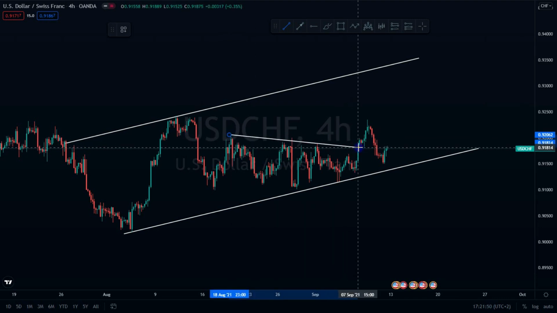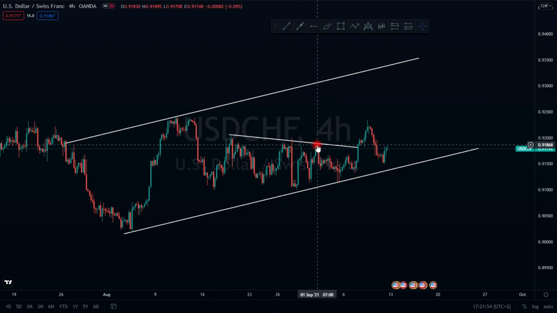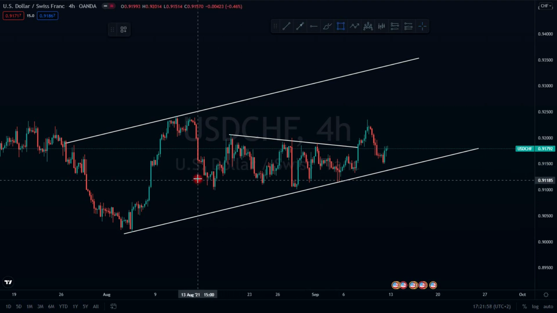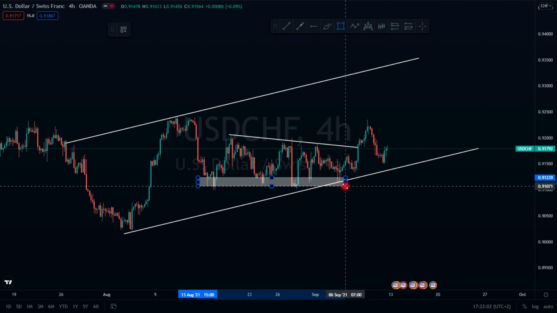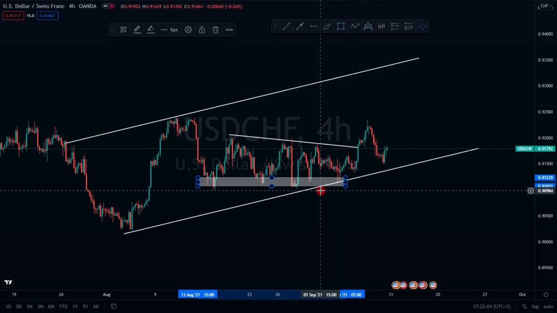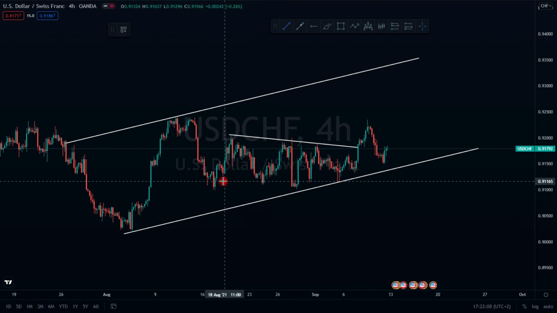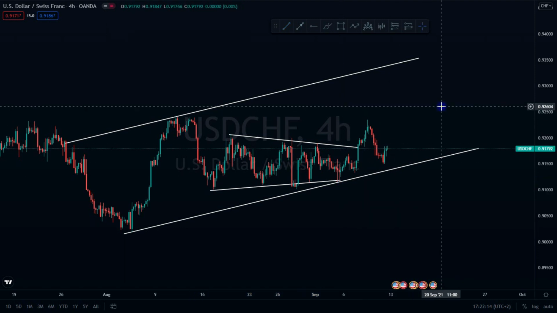So before I can even switch to a smaller time frame, I can already identify something like this, where we had a touch here, a touch here, a touch here, and a breakout here. So again, I can have something like this, or it can be also in a form of a trend line like that. So we have this.